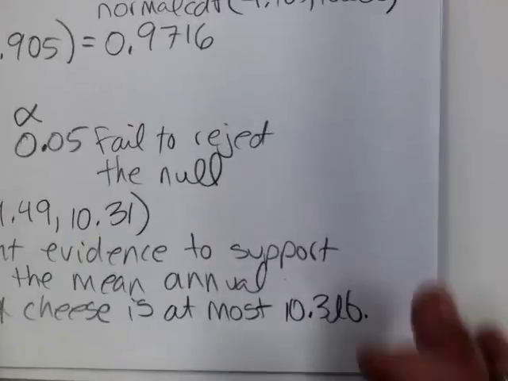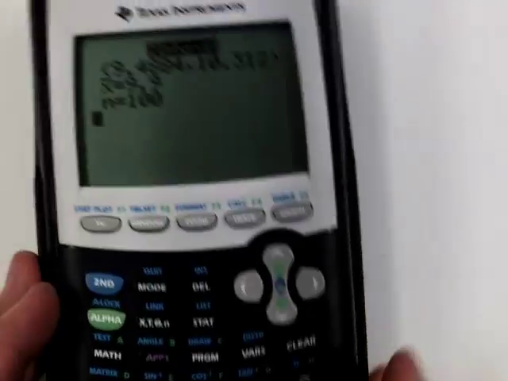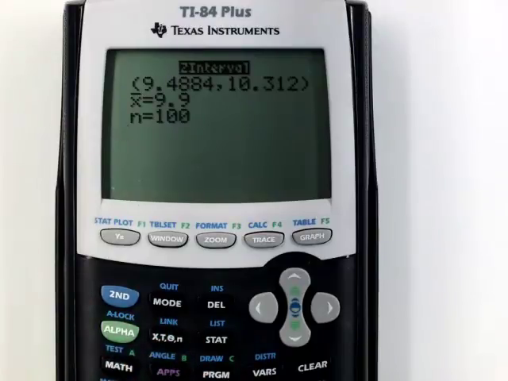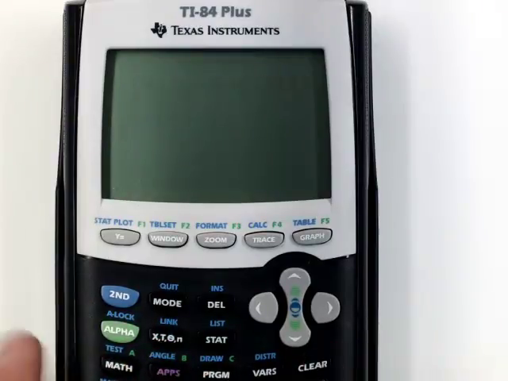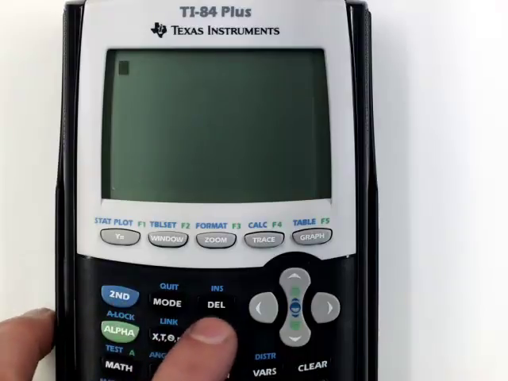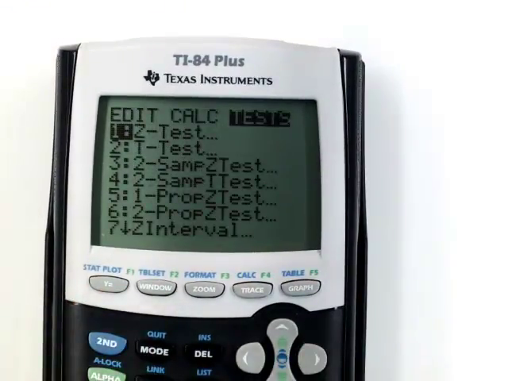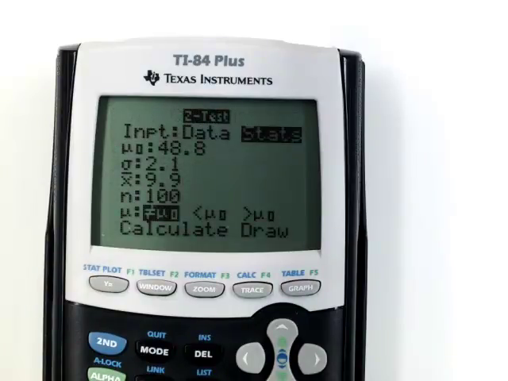Okay, so just real quick, to get this on your calculator, remember the calculator won't make the decision, but it will give you the test statistic and the p-value. I'm going to go to stat, right arrow over to test, and my first option is the z-test. Again, I'll either have the raw data in a list or I'll have the summary statistics.